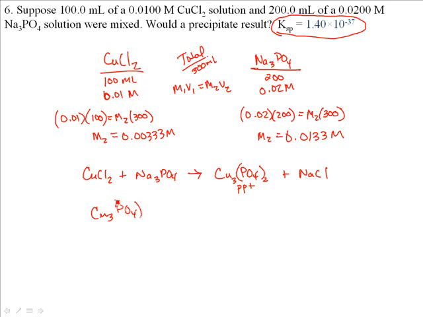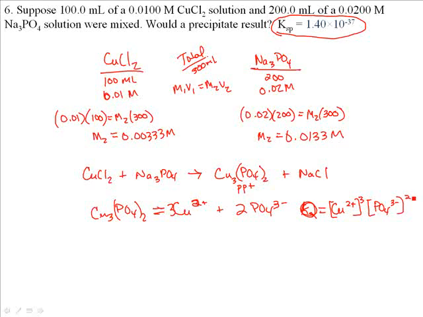Copper phosphate in equilibrium with copper 2 plus, 3 of those, plus 2 phosphates, and KSP or Q, both really, are equal to copper 2 plus cubed times phosphate squared.